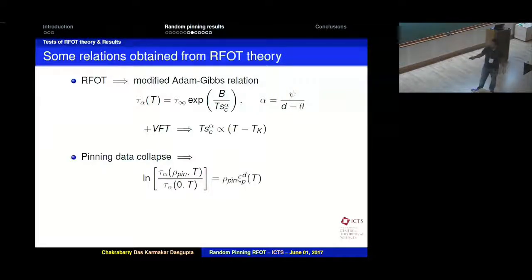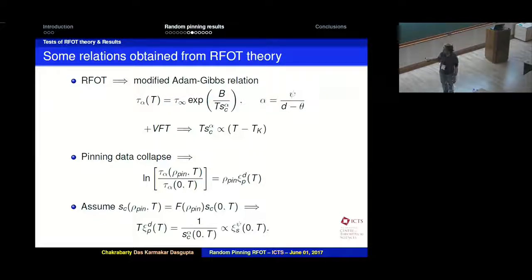Also from the pinning data collapse, we have argued that this is true. Using these two, and assuming that when you introduce pinning into the system you are restricting the phase space accessible to it, its configurational entropy has to go down. There are various ways you can model how it goes down. One is that it goes down by an additive term.